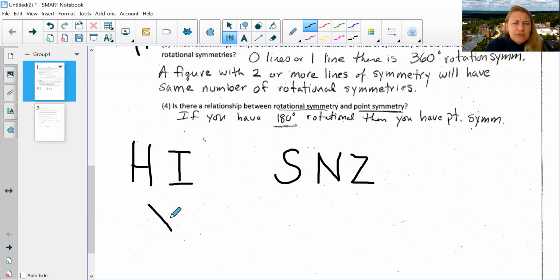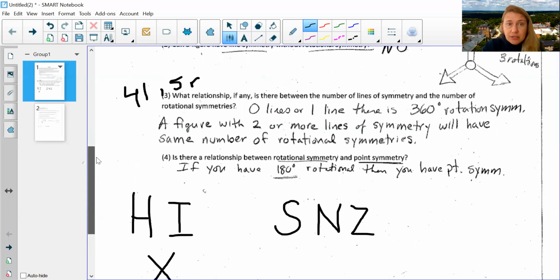Oh, yeah, the letter X. I knew there was one more. Here I have 2 lines of symmetry, and also rotational symmetry of 180, which means I have point symmetry. So you could have point symmetry with line symmetry, and you could have point symmetry without line symmetry. That's something else that you should note.